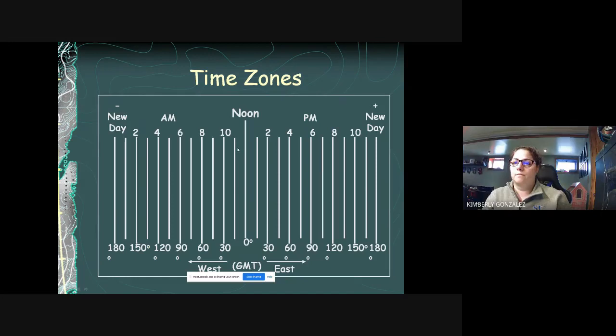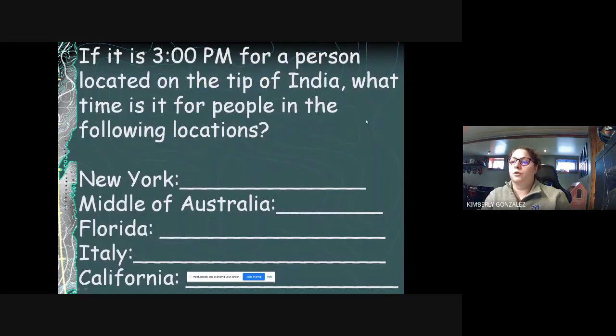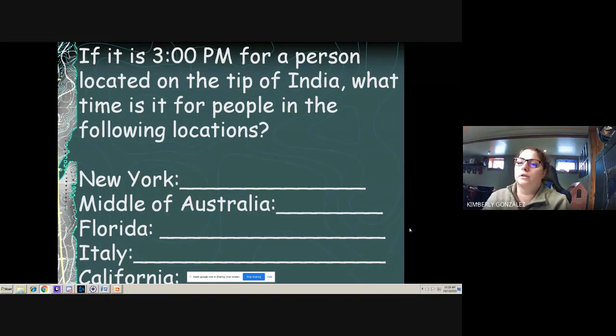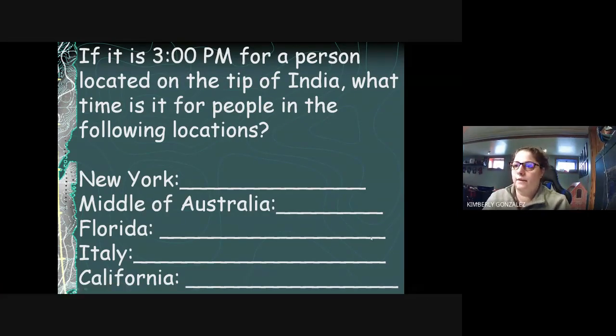Do me a favor, write this down in your notes really quick before we go to reference table page 4. We're going to do the first one together, and then I'm going to let you guys do some practice on this, and then I posted for you a packet of practice problems that I want you to complete with the rest of the period, and I'm here for you, so I'm not going anywhere.